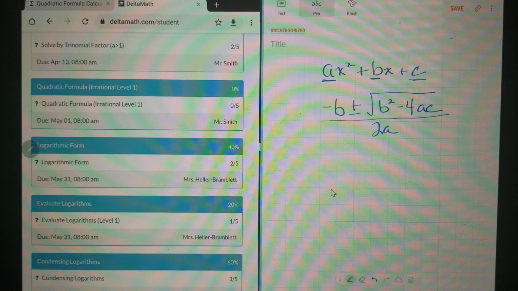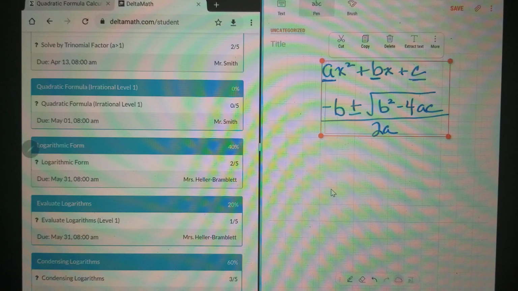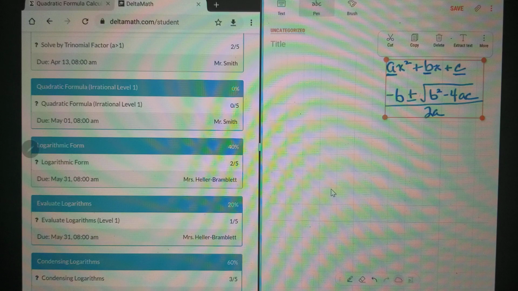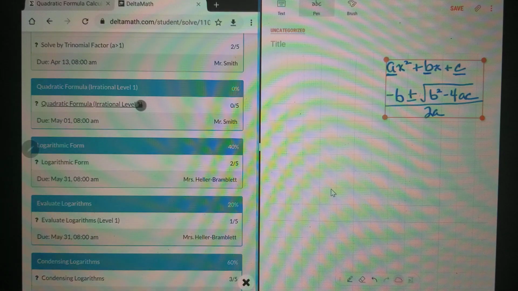That's the formula we're going to be using for these problems. I'm going to stick it up here in the corner for reference while we are doing these problems right here.